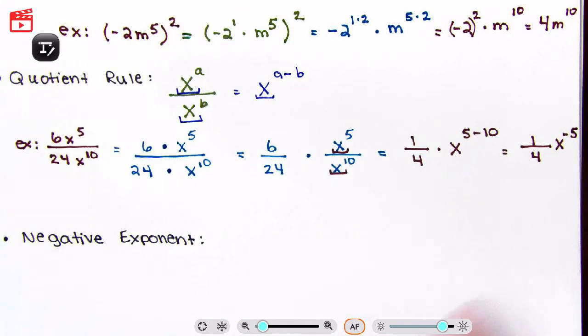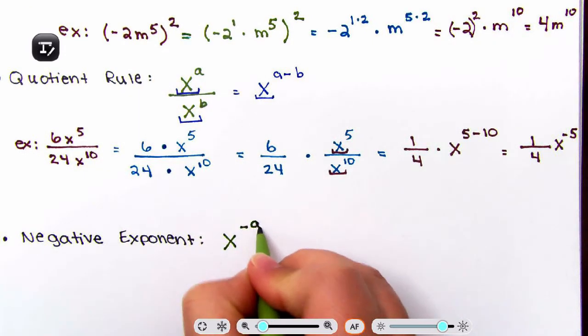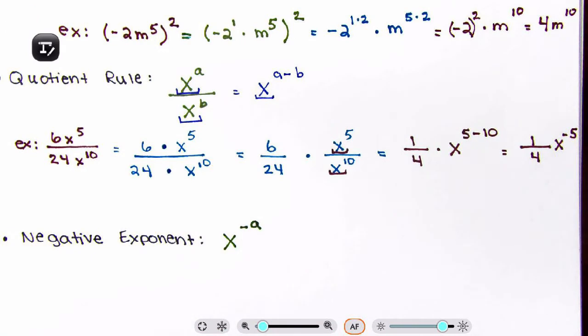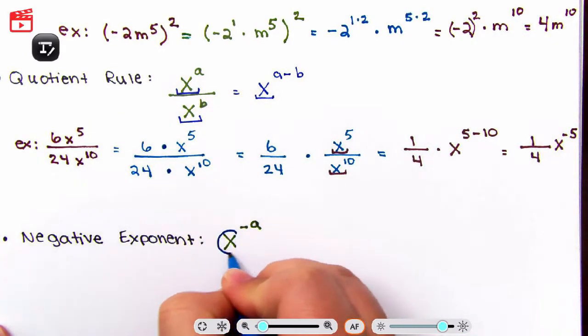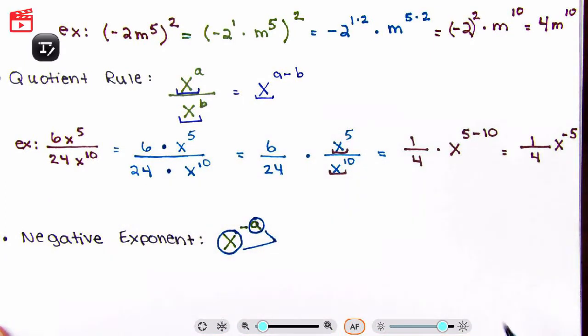Negative exponents. I love how that worked out. For negative exponents, let's do a base of x, and let's say we have a negative exponent. Now, what the negative exponent means, it tells you that the base and the exponent belong in the denominator.